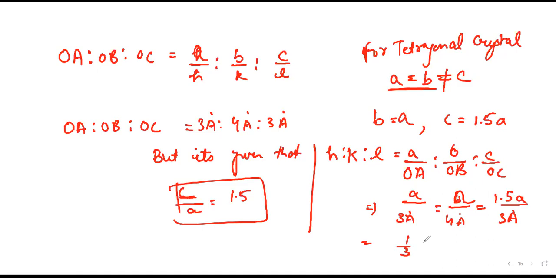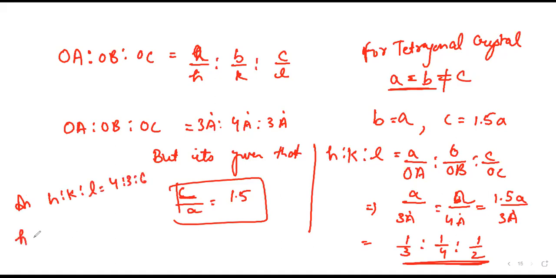So you will get 1/3 ratio 1/4 ratio 1/2. You have to make these parameters equal by taking the LCM. The answer will be h ratio, k ratio, l equal to 4:3:6. Miller index is written in the form of (hkl) in closed brackets. So you will get the answer as (436).